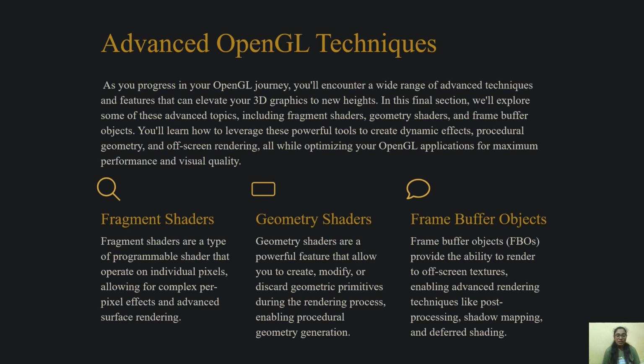Geometry shaders are powerful features that allow you to create, modify, and discard geometric primitives during the rendering process, enabling procedural geometry generation. Framebuffer objects provide the ability to render to off-screen textures, enabling advanced rendering techniques like post-processing, shadow mapping, and deferred shading.